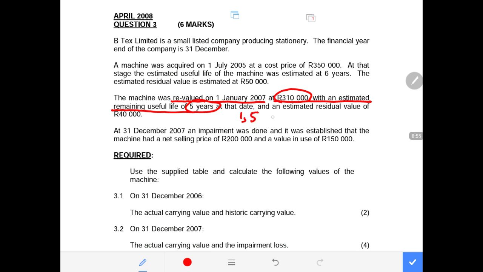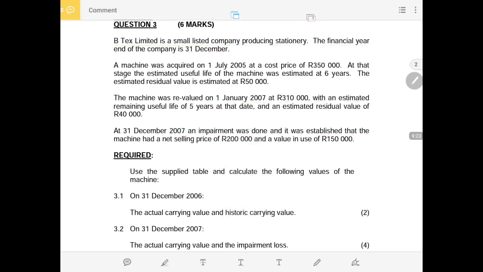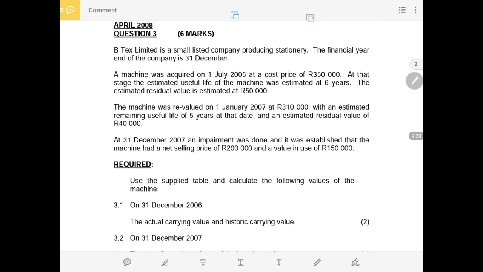So if they say the remaining is 5, meaning they added half a year, they could have said the total useful life is 6.5 years. Then you know that if they say 6.5 years, you need to minus half a year, that's 6 months, half the entire 2006, then you minus that 1.5, and you are left with the remaining useful life, which is 5 years. This is only for the actual column, not the historic column.